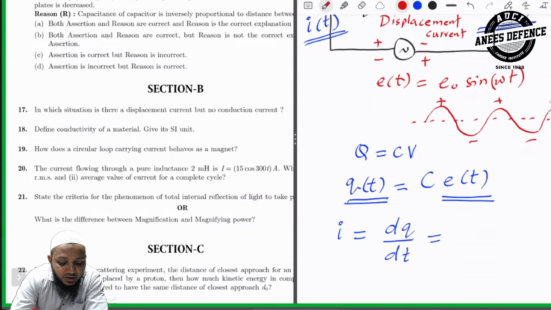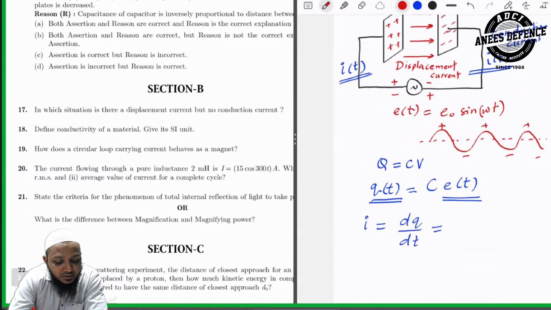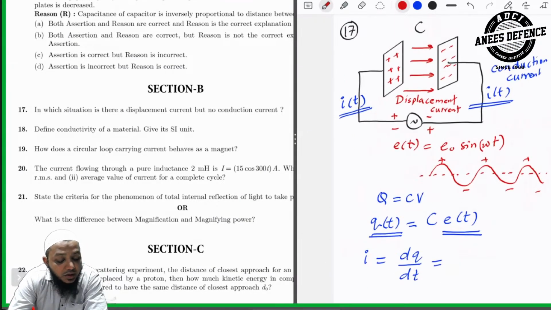So displacement current occurs only when the electric field between the plates of the capacitor changes. Notice, what if I connect a DC battery across the capacitor? With a DC battery there will be no current, because once the capacitor is fully charged, there will be no further flow of charges.